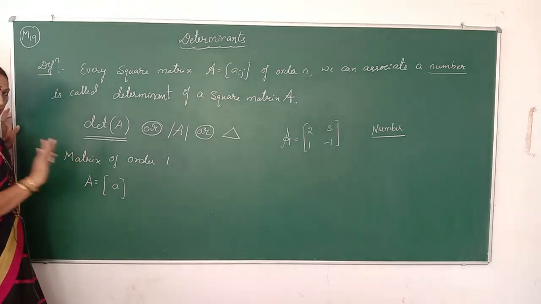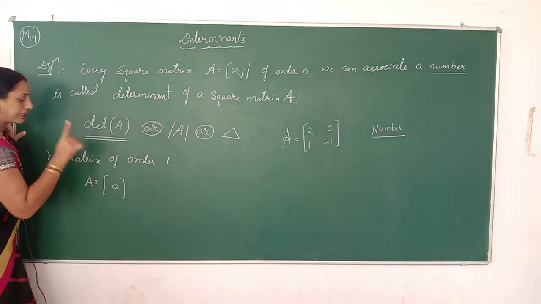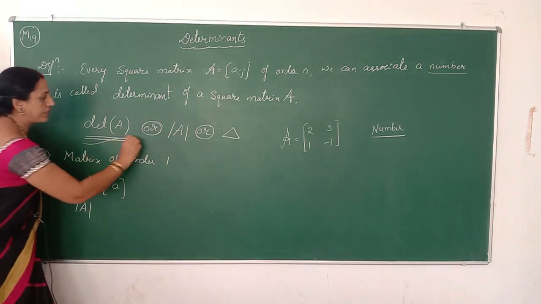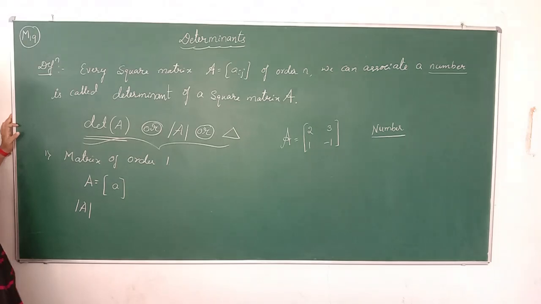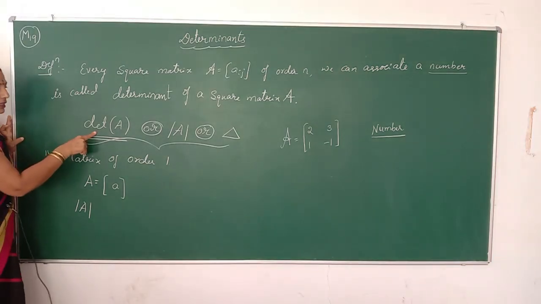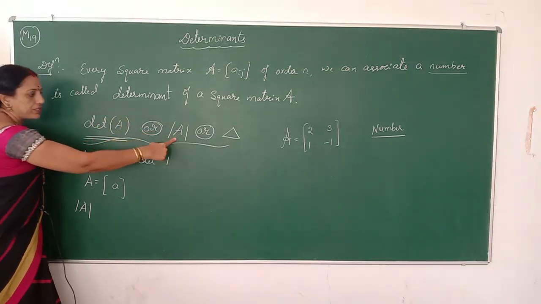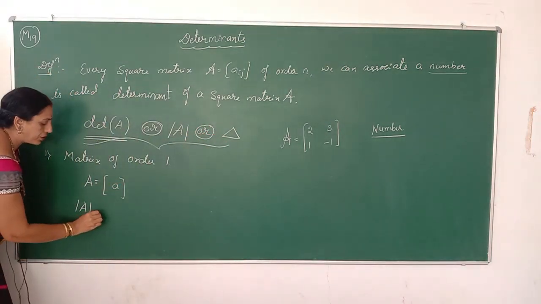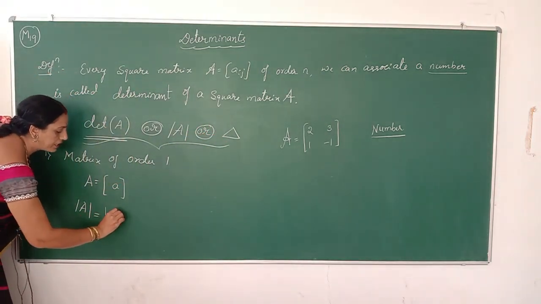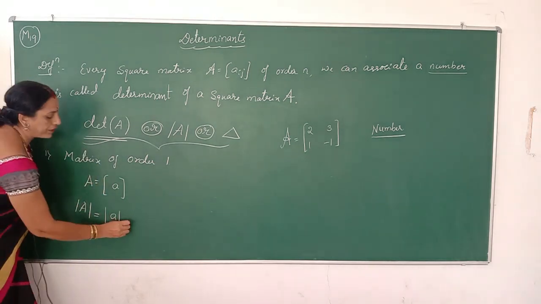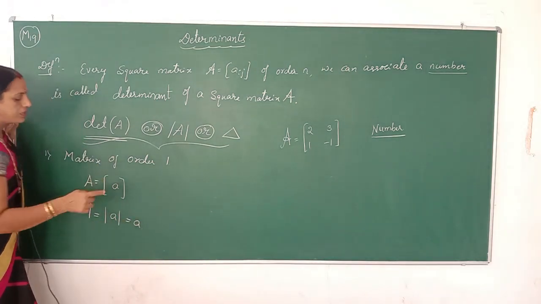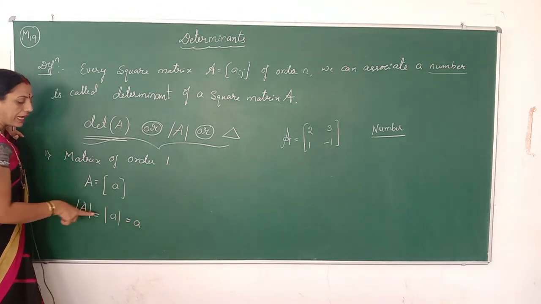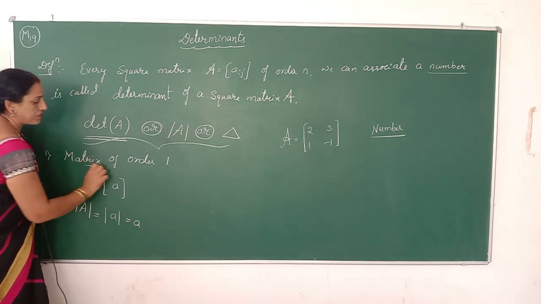Generally it can be written as A. Now the determinant value can be denoted by any one of these symbols: det of A, otherwise determinant of A, otherwise delta. Modulus line, it will be equal to A.